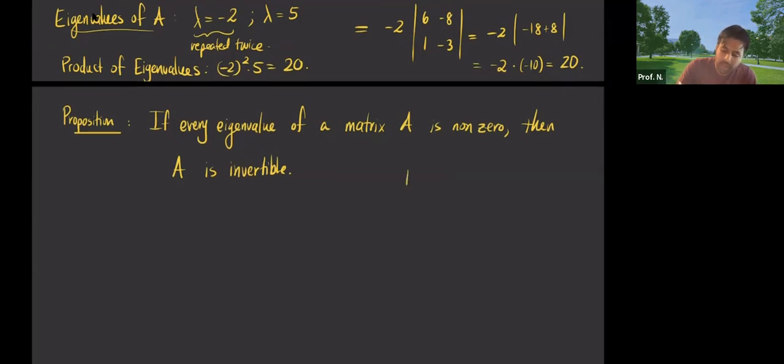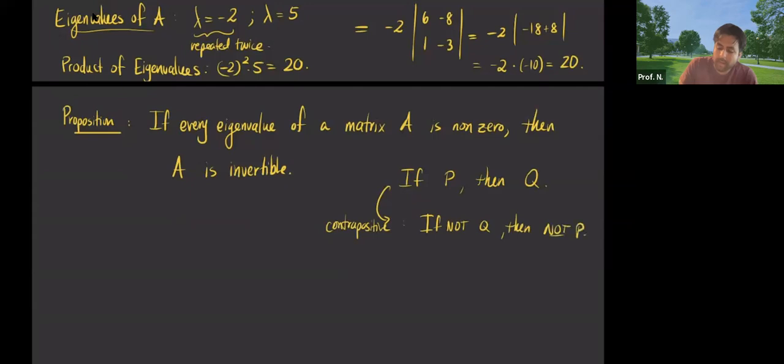So if you have if P then Q, the contrapositive of the statement would be what? If not Q, then not P. The contrapositive is equivalent to the original if-then statement, equivalent in terms of the truth value. So if P then Q is equivalent to saying if not Q, then not P.